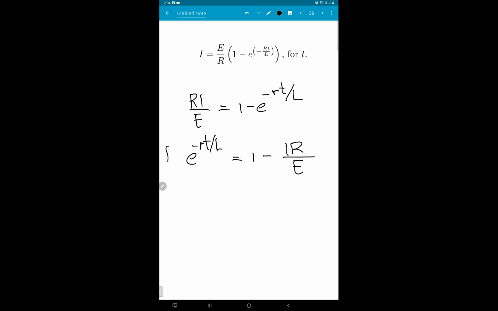So we take the ln of both sides, and then the left-hand side becomes just e to the negative rt over l. Remember that the natural exponential and the natural logarithm are inverses. So you just have negative rt over l.